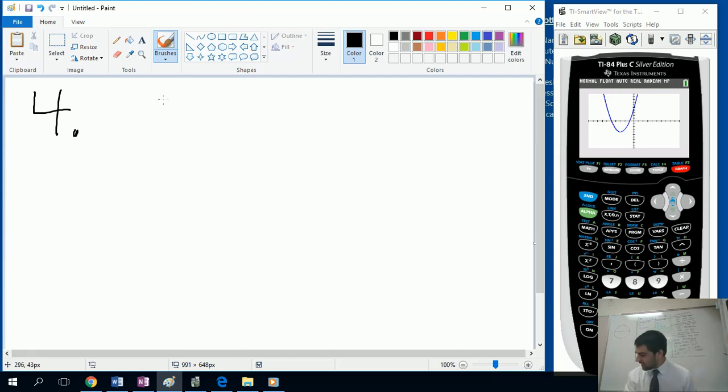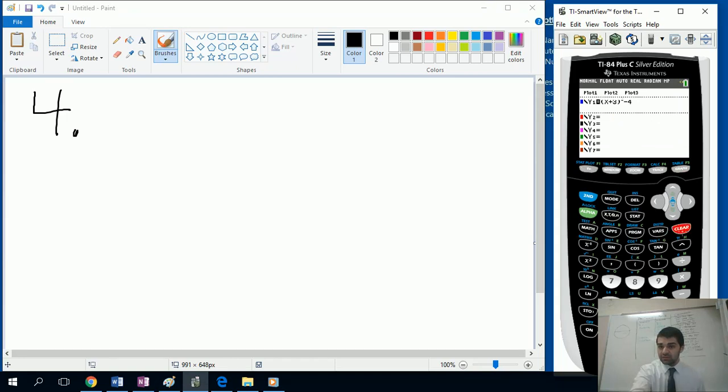Describe the end behavior of each function using limit notation. So the best way to do this, in my opinion, is just graphing it. You're going to have -3x squared plus 2x. Okay?